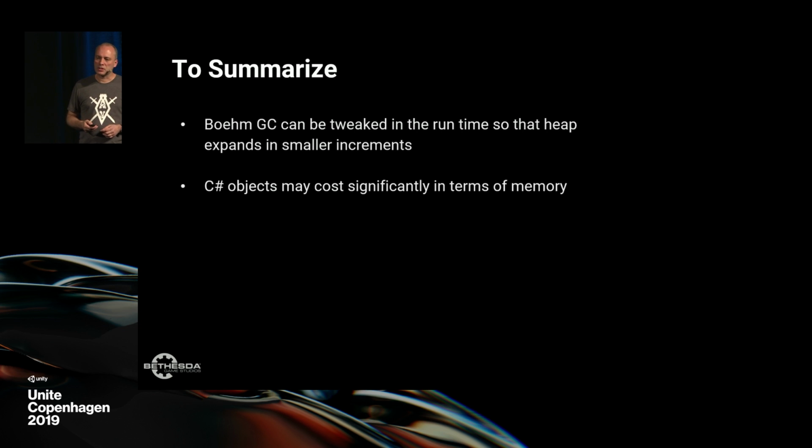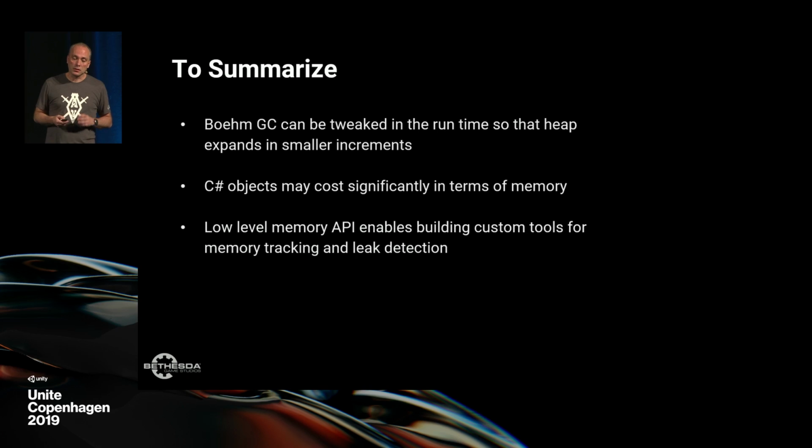C# objects themselves, outside of game objects and other things, can contribute significantly in terms of memory. Different strings and other small types that may not be accounted for in the detailed Unity memory view may still be taking quite a bit of memory. And ultimately, the low-level memory API enables you to build custom tools for very specific purposes, and that certainly helps specifically for leak detection.